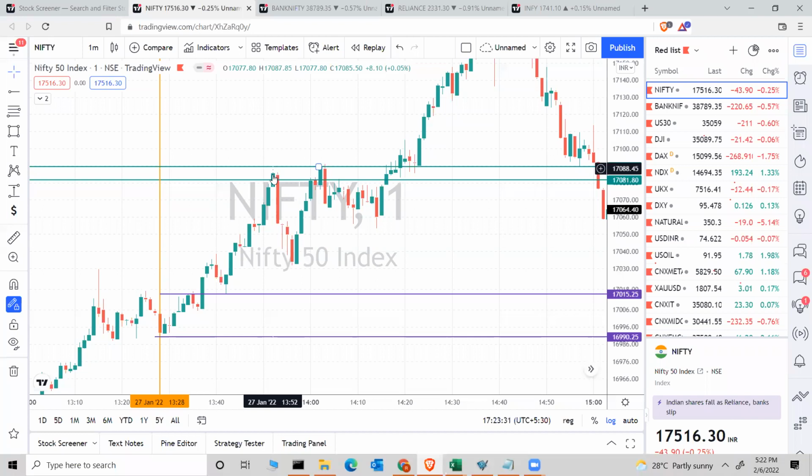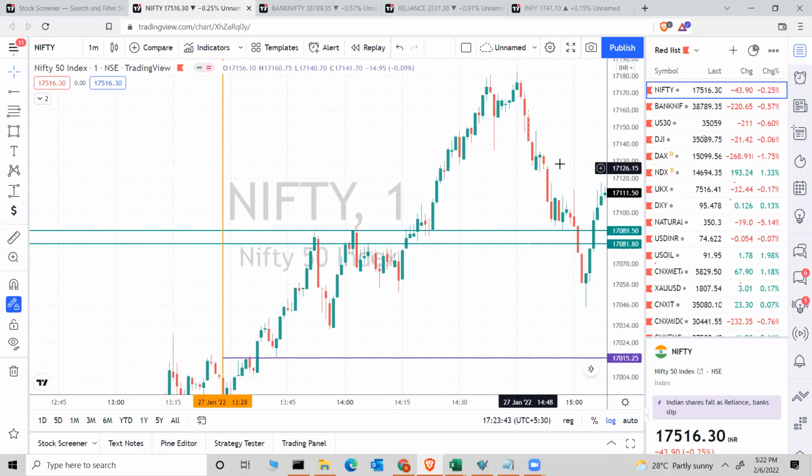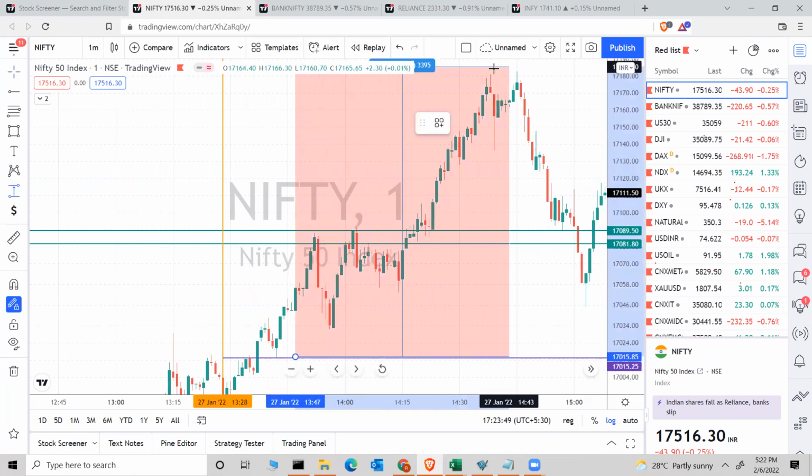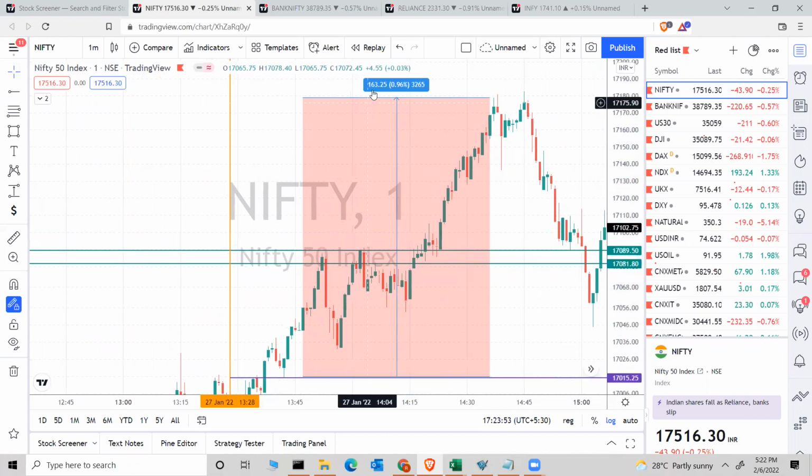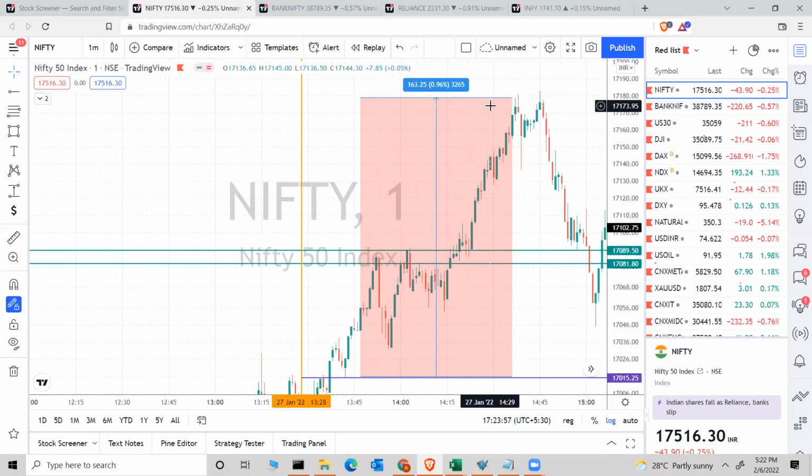It has gone and it has kissed the weekly level trend decider, came down, then again went, touched the weekly level trend decider, came down, and the third time it gave a breakout and it has given a move from here. You could see, 163 points movement from our time reversal.